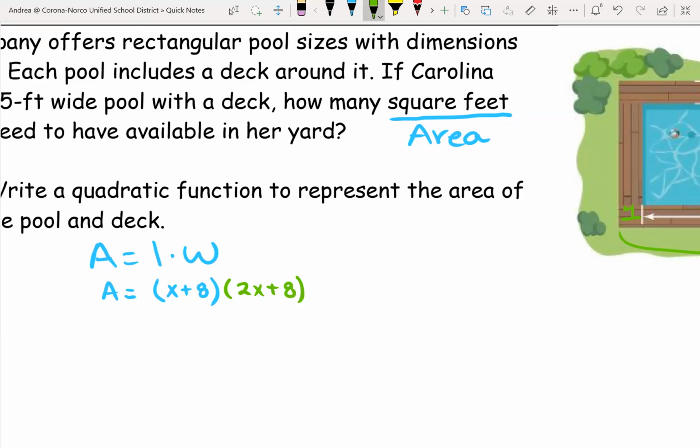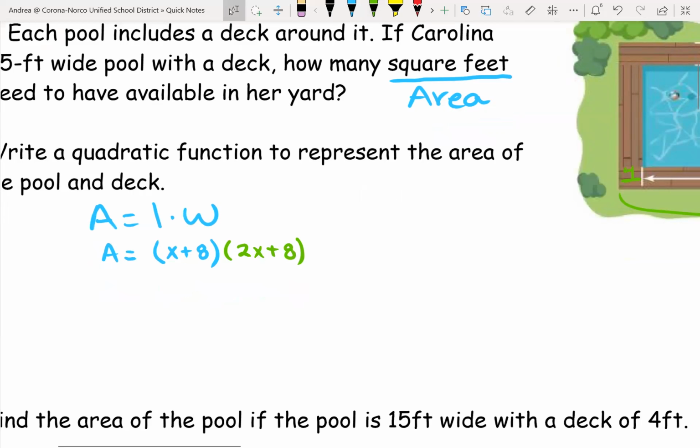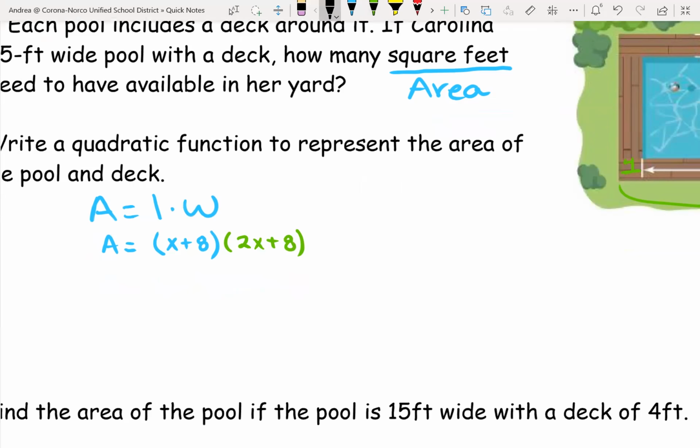Okay, to multiply two binomials, we draw the box. And do x plus 8, and then 2x plus 8, and multiply. X times 2x is 2x squared.